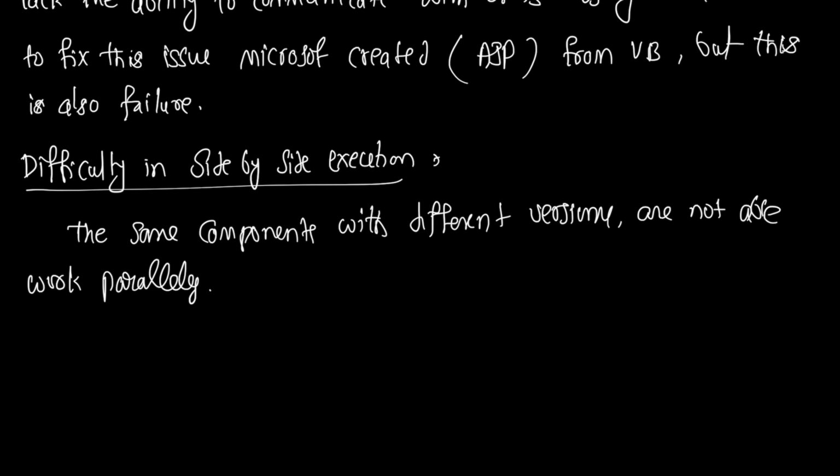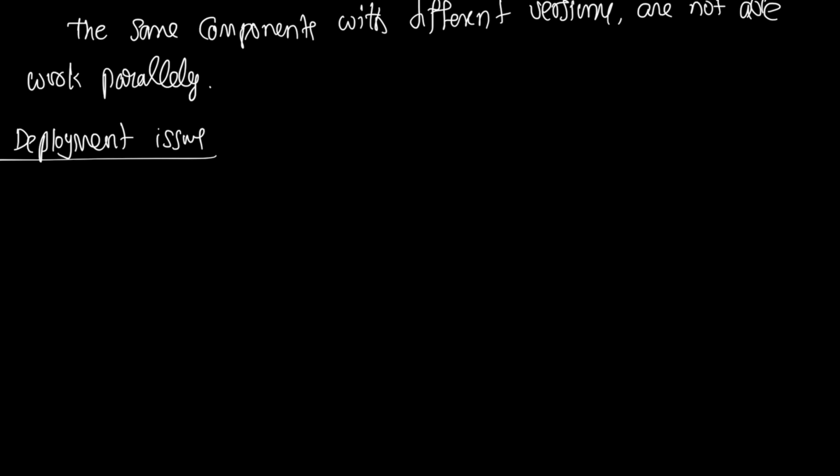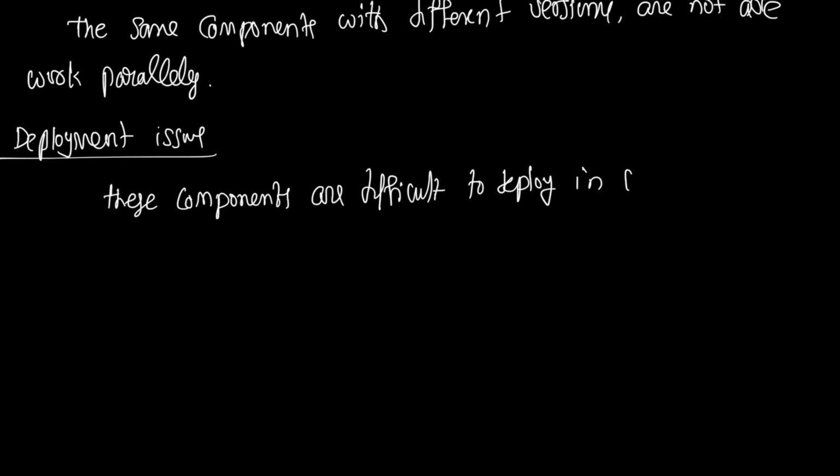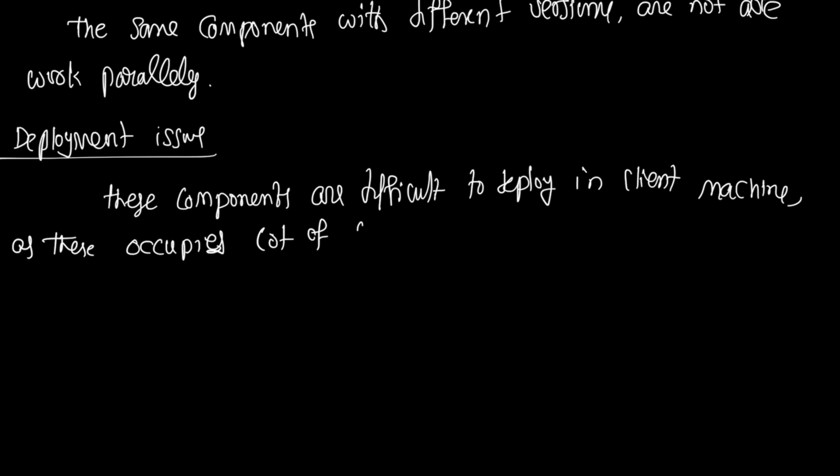This is the biggest problem when it comes to execution. Then there are deployment issues. You can't have multiple versions of these deployments on a single machine. You need to use different servers to have different versions, which is also difficult. And when you deploy these to a client machine, they occupy a lot of space.